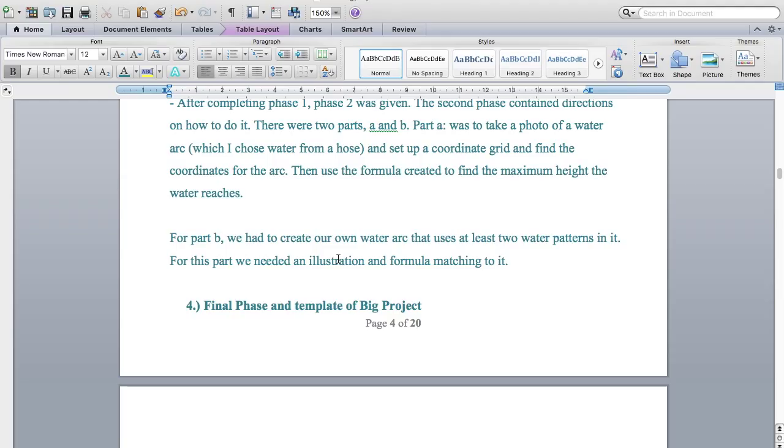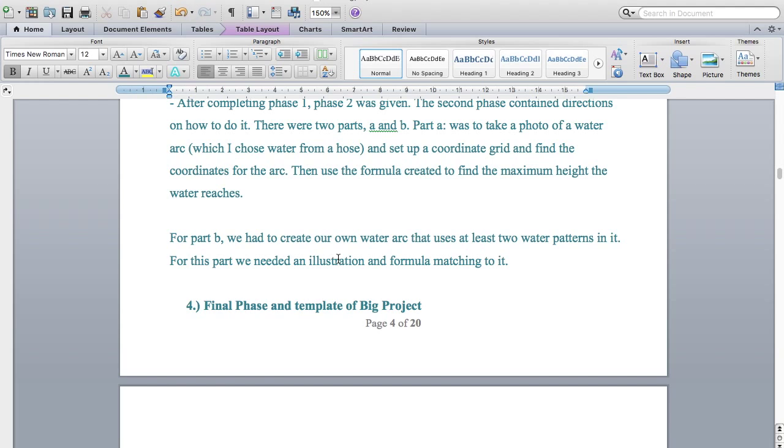After I found those measurements, I put them inside the quadratic formula and repeated the process I did in phase 1, and we get the final quadratic formula, put it in Desmos, and then graph it. For this phase 2, I drew a fountain with 2 water patterns.